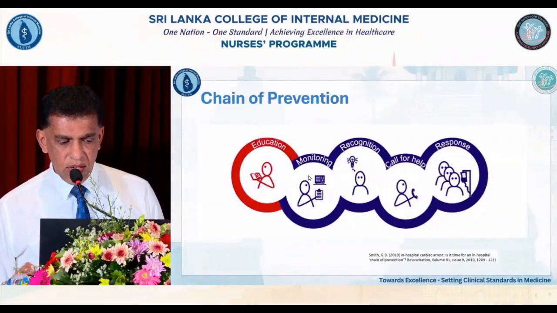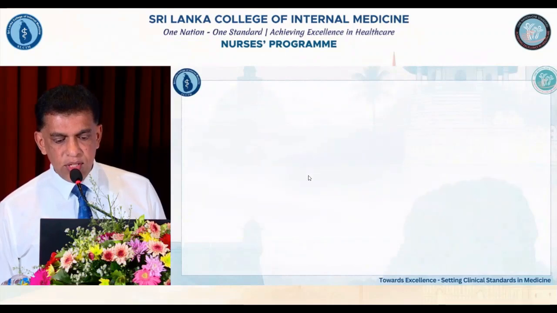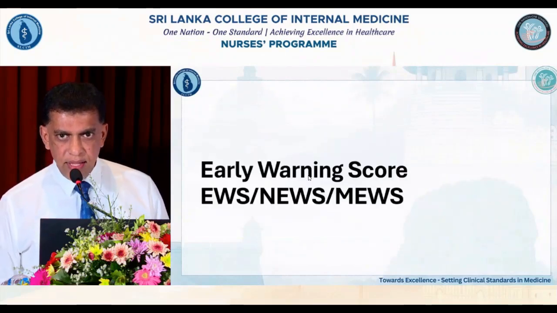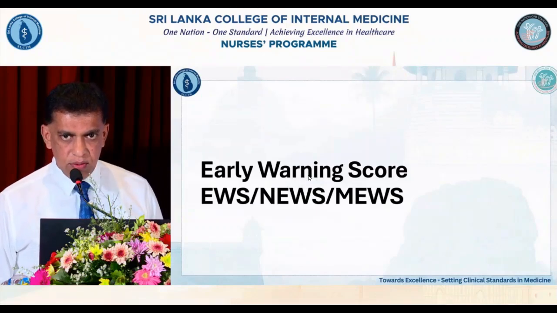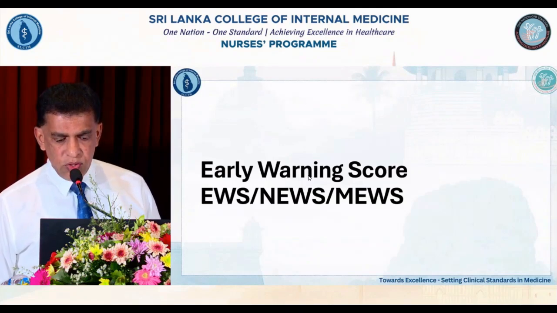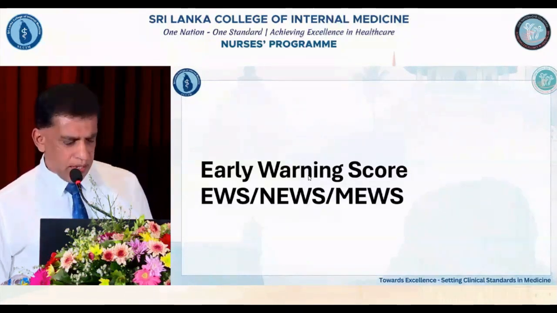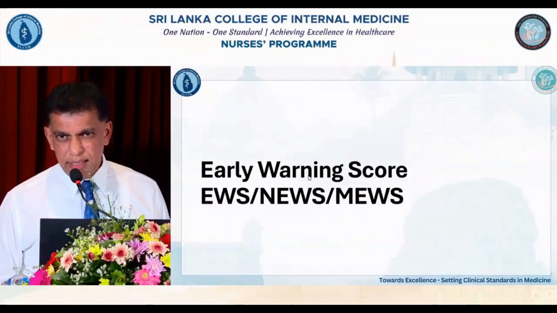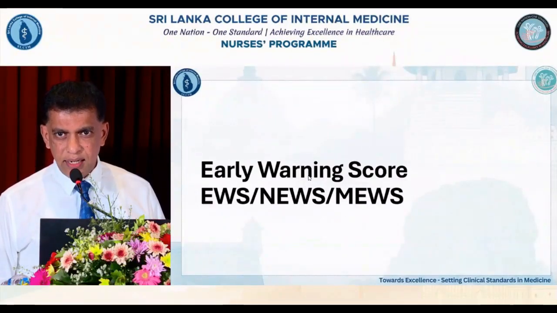This is what we call the chain of prevention, and nowadays we do this with what we call an early warning score. There are various names given to that: National Early Warning Score, NEWS, modified early warning score or MEWS. The latest one used in NHS UK is NEWS 2, which is slightly different from the chart that I am going to introduce to you today.